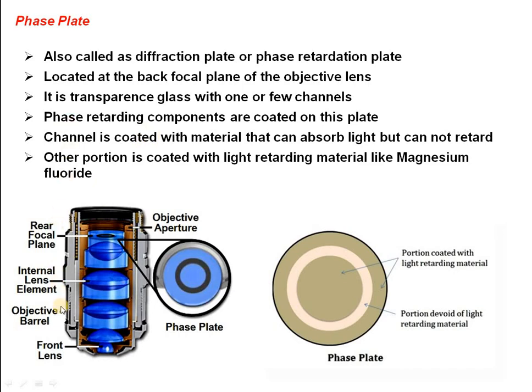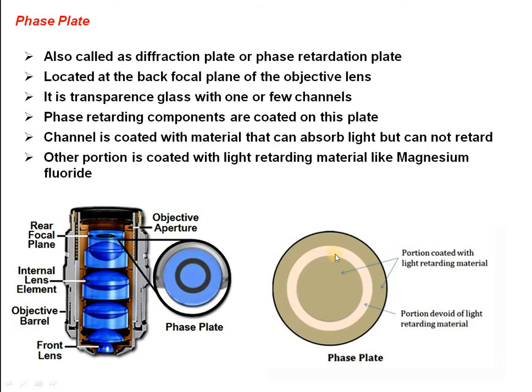So this is the diagram of the phase plate. The phase plate is in the rear focal plane. In a phase contrast microscope, this phase plate has a particular structure: a portion which is coated with light retarding material, and in the middle a portion which is devoid of light retarding material.